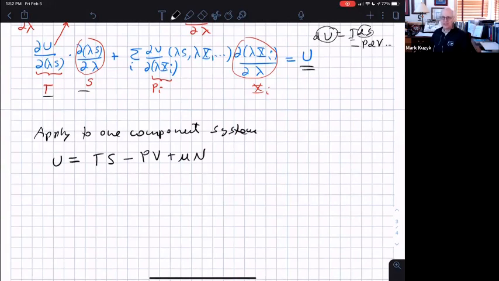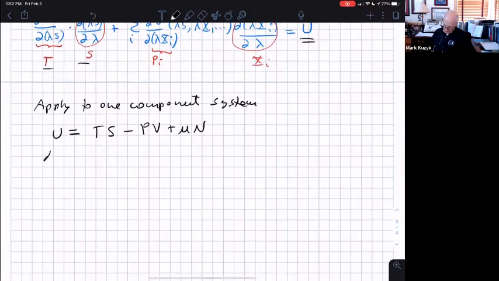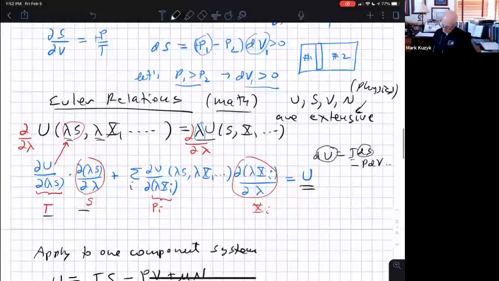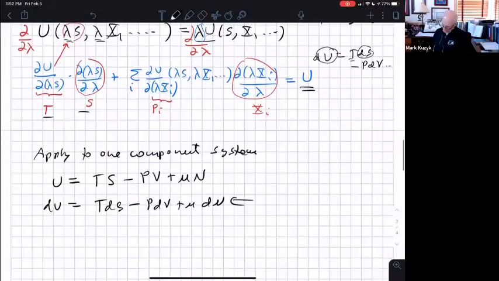Isn't that pretty awesome? I find that to be very, very awesome. So we have this relationship, and remember we have du equals T dS minus P dV plus mu dN. So that's sort of where we started with all this, and we derived this. And this is basically the Euler relation.